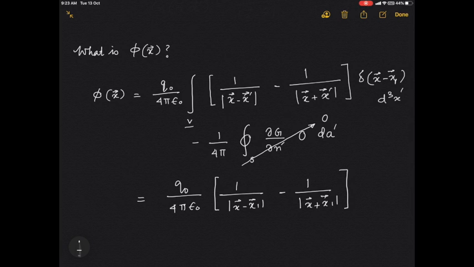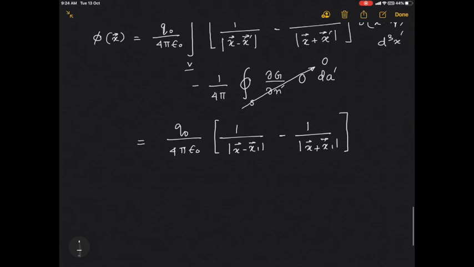Because for the delta function integral to work, the volume integral has to go to infinity. I can do that because this x1 is guaranteed to lie inside my volume. So because I am not introducing any charge here which is outside my volume, let me write it here explicitly.